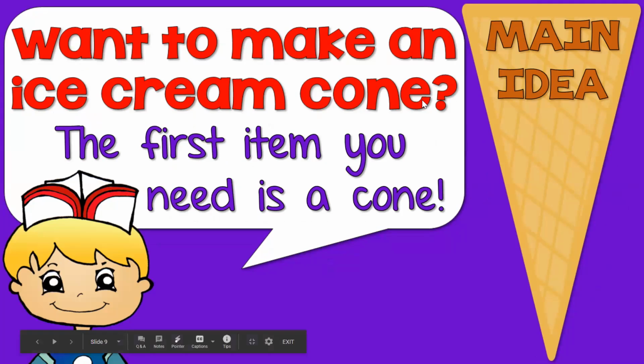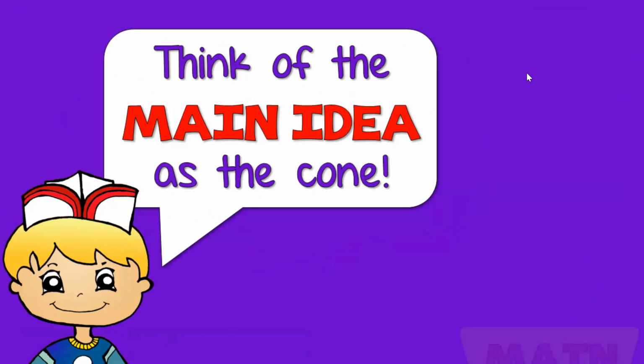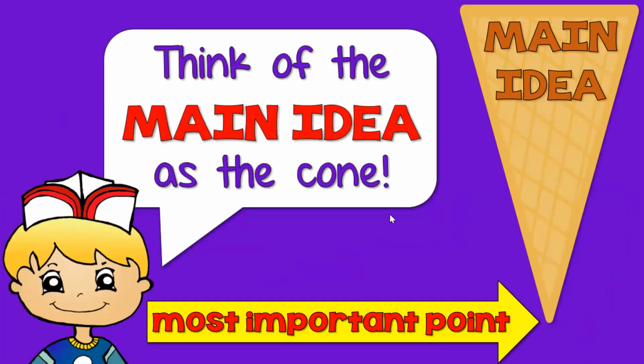The first item we need is a cone. Our cone is going to be our main idea. Think of the main idea as the cone. It's the most important point. An ice cream cone has a point. So we're going to think, okay, main idea, ice cream cone, what is the point of the article we are reading?